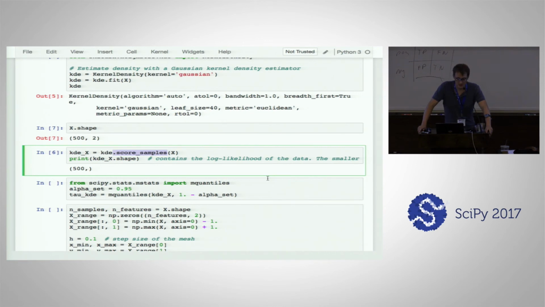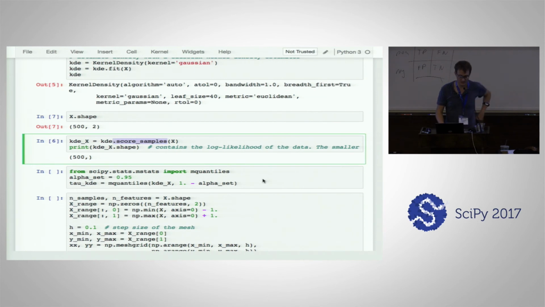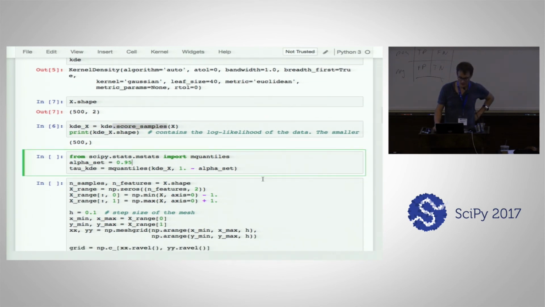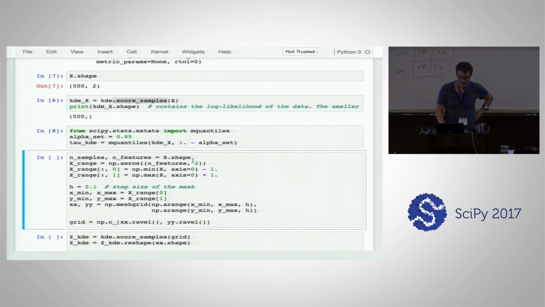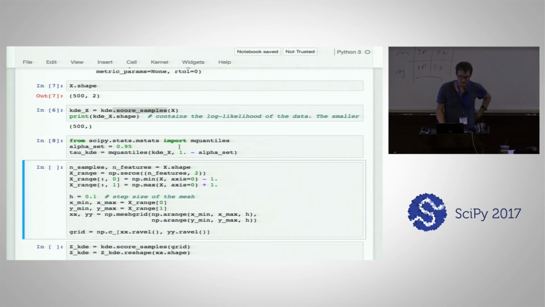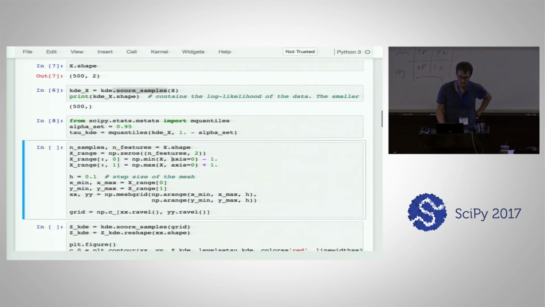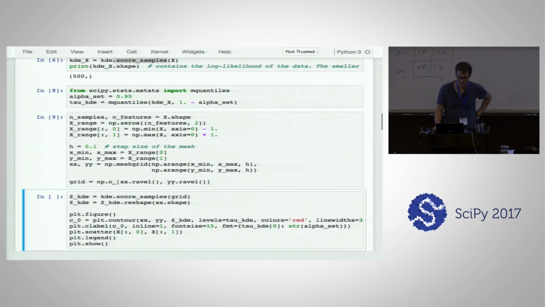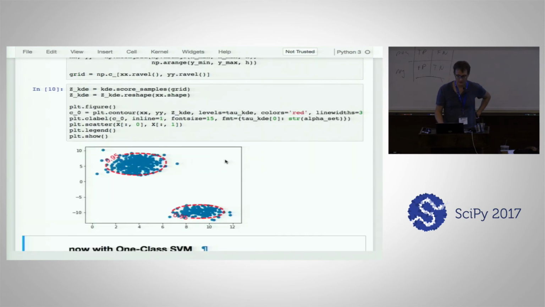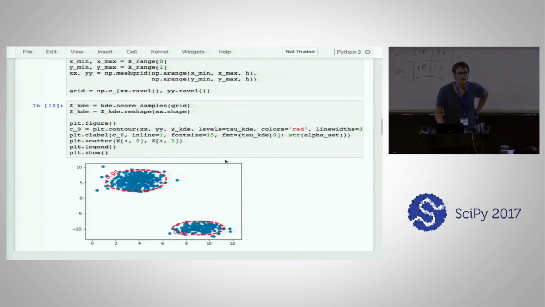All these density estimation methods can give you this number of rarity, how likely a sample is, and turn it into anomaly scores. Here I'm going to use the mquantiles function from scipy.stats, which allows me to make a nice figure to illustrate the decision function.